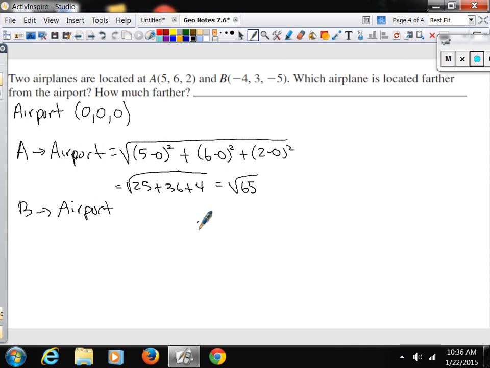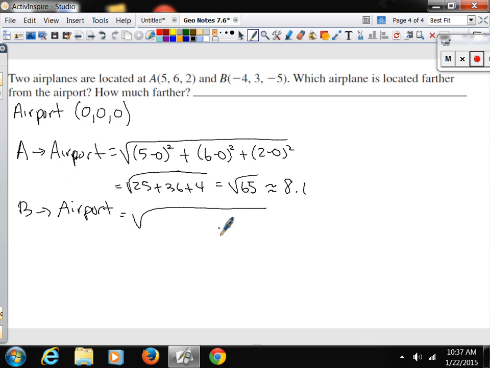Square root of 65 is 1 more than the square root of 64. So the square root of 64 is 8. So the square root of 65 is probably 8.1. Probably was about 8.08 or something, but we'll round it to 8.1. Oh, okay, 8.06, so it rounds up to 8.1. From point B or airplane B to the airport.